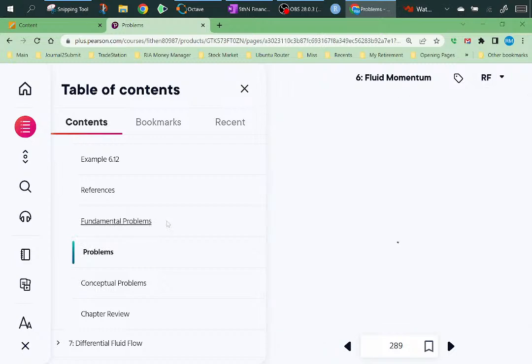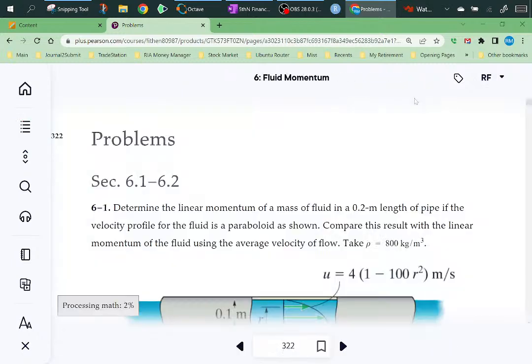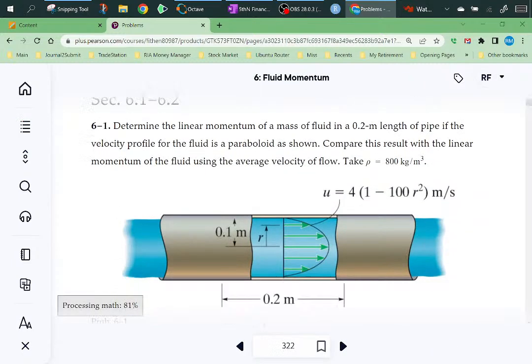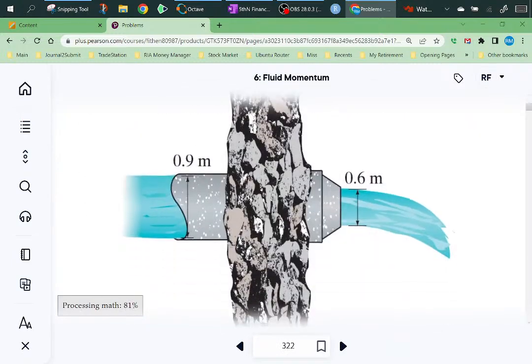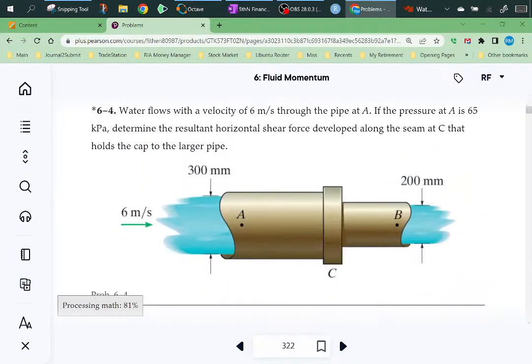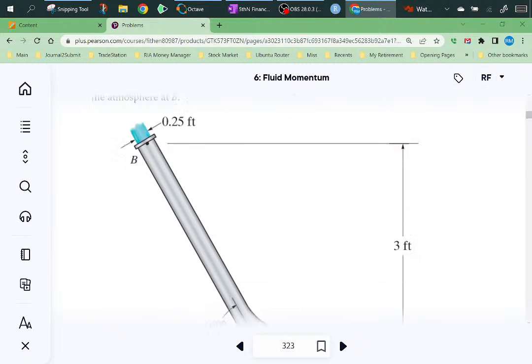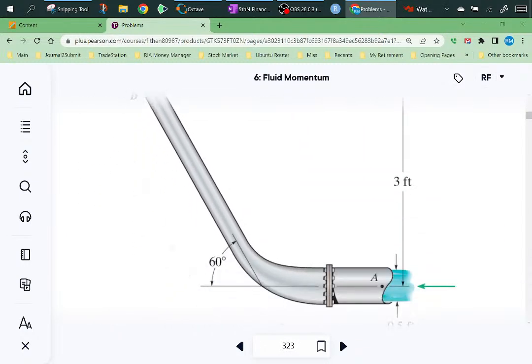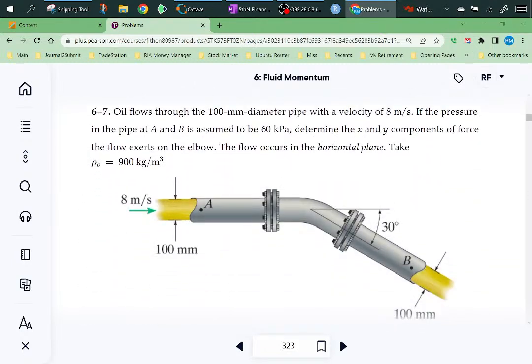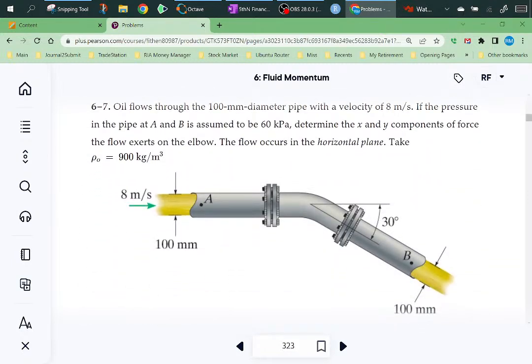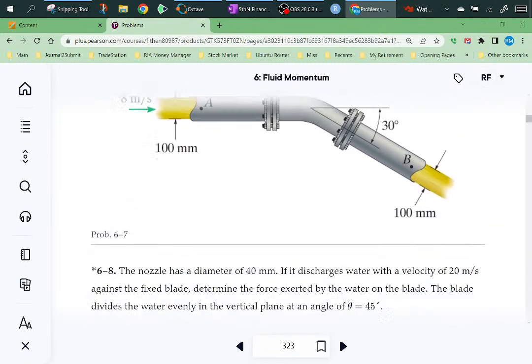I think the fundamental problems all had solutions. That's no fun. Well, that one might be interesting.